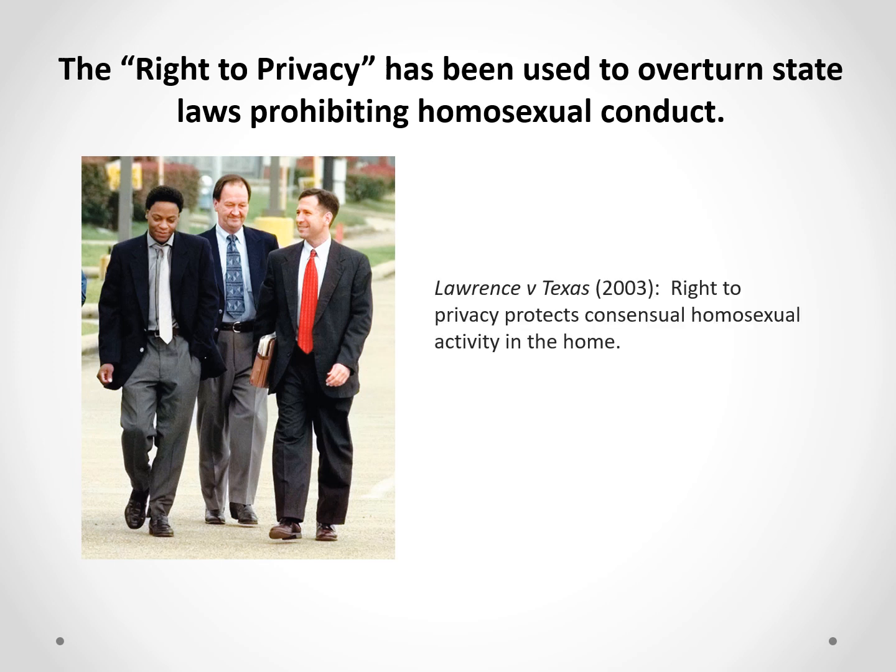All right, we're going to talk about the case Lawrence versus Texas. It came out in 2003. Lawrence versus Texas extended the right to privacy to protect consensual homosexual activity in the home. So we've seen the right of privacy start with birth control for married couples, extended to abortion, eventually extended to cover homosexual sex.